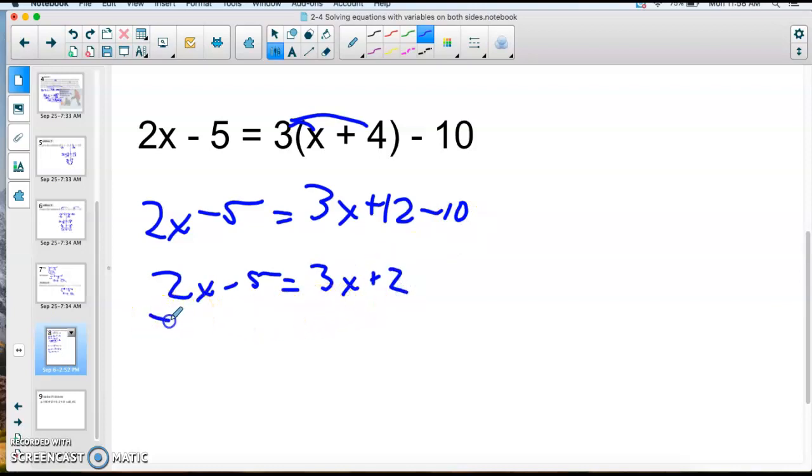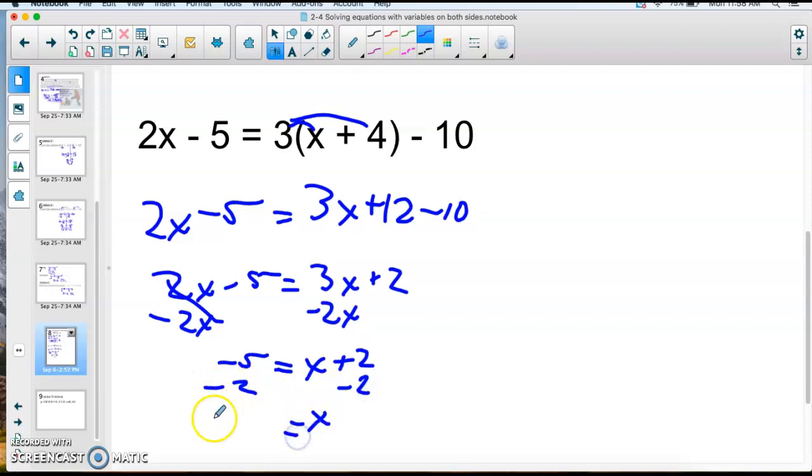Okay, now I'm going to bring the 2x over here. So we get negative 5 equals x plus 2. Subtract the 2. And I get x equals negative 5 minus 2, which is negative 7. Whew, I finished with 15 seconds to spare.